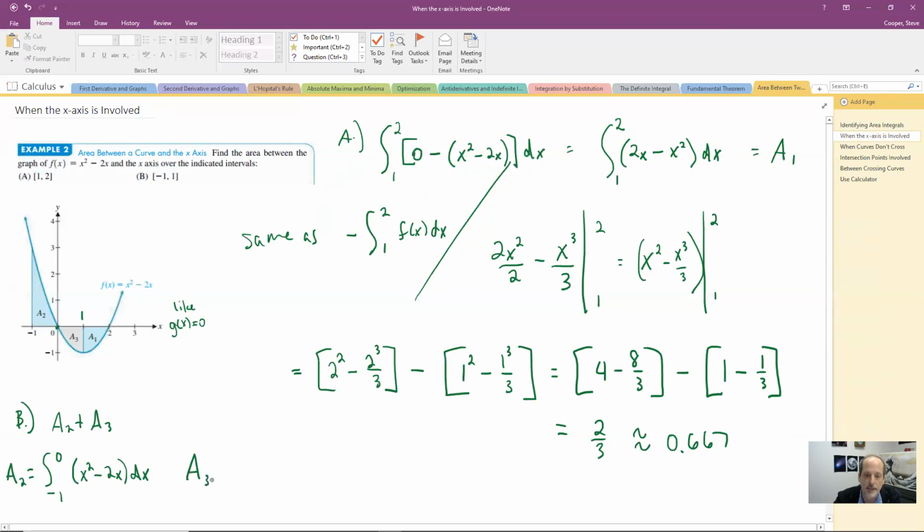Now A3 is going to be the integral from 0 to 1 of negative f of x because it's 0 minus f of x. So 0 minus x squared minus 2x dx.